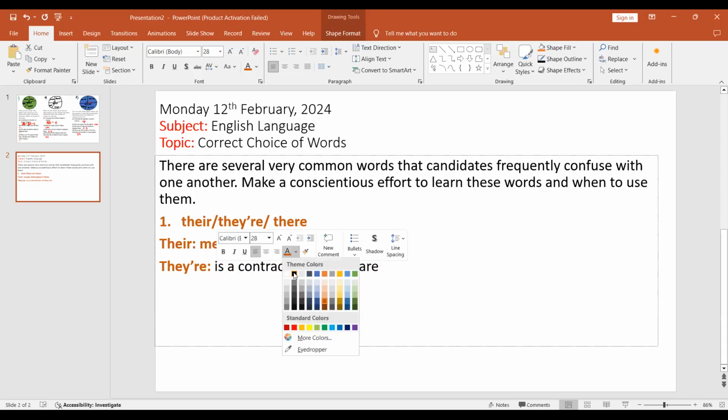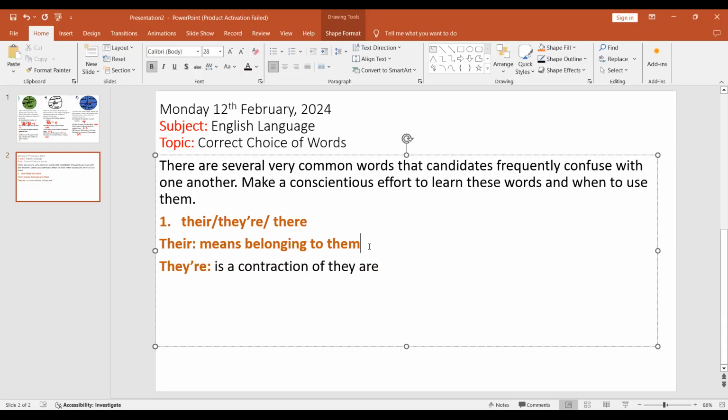So the first one, their, means belonging to them. We could say that's their grandparents, that's their car, that's their laptop. The second type, they're, means a group of people. You could say they're happy, or they are happy.